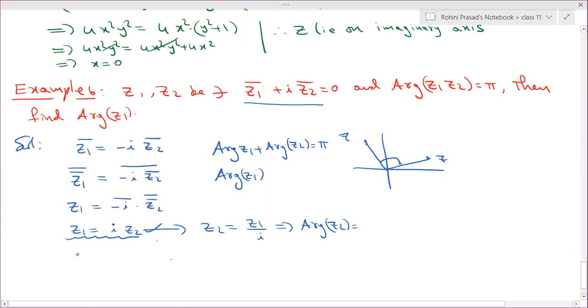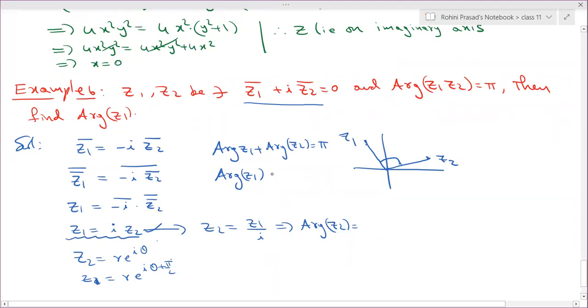It's okay. So you need to take Z2 equal to R e power i theta, and you get Z1 equal to R e power i theta plus pi by 2. Basically, this is Z2 and this is Z1.